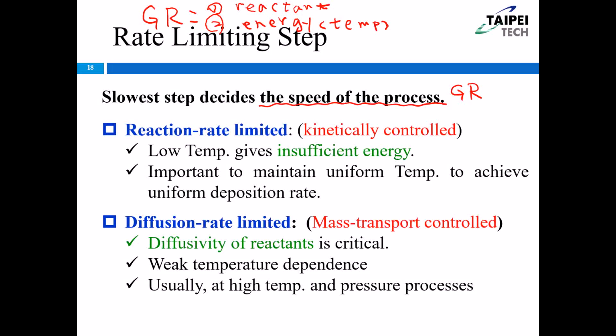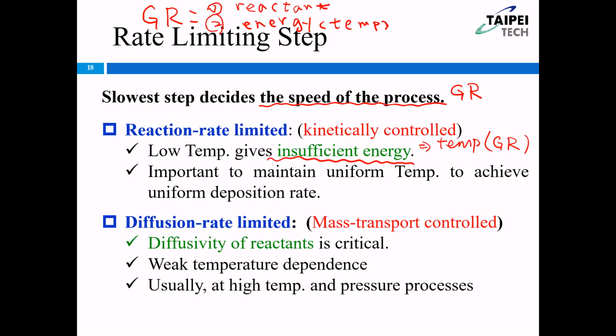It means if we don't have sufficient energy, then the temperature will determine the growth rate. Okay, the temperature will determine the growth rate, because today we have a lot of reactant, but I don't have enough energy.